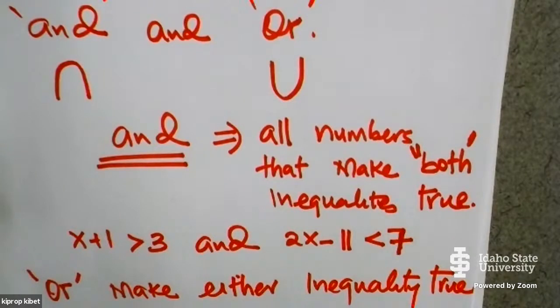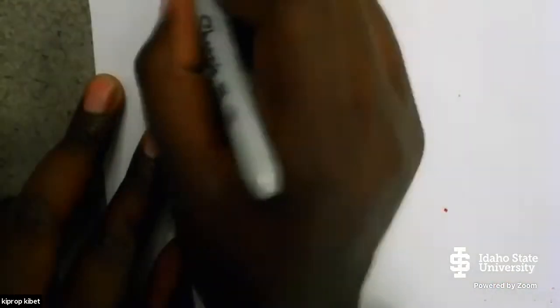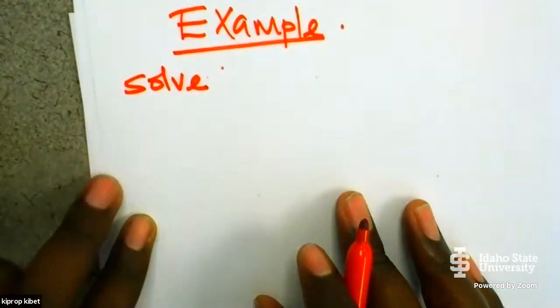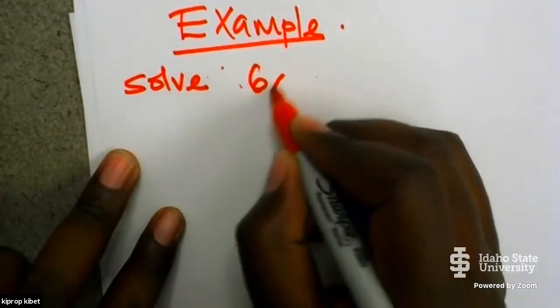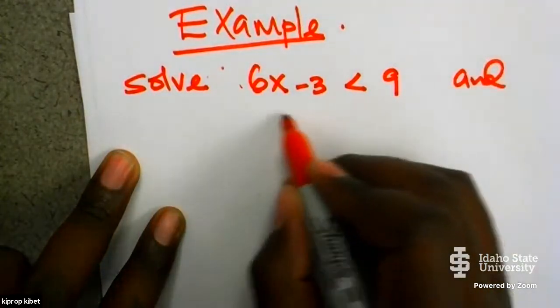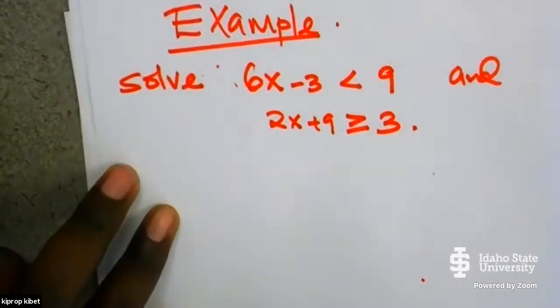Yeah, okay. All right, so let's do example number 1 to see how we solve this. Solve 6x minus 3 less than 9 and 2x plus 9 greater or equals to 3.